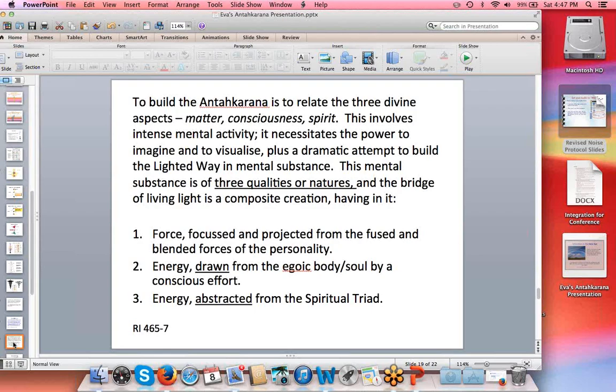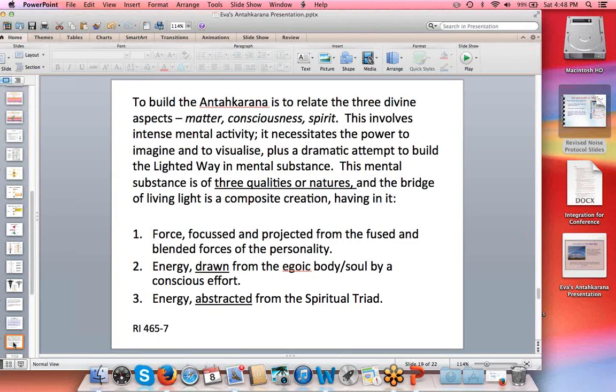And one of the ways that we build the Antahkarana is constantly through imagining it. We imagine this pathway moving from our consciousness to the next point, whatever that is, whether it's the soul or the lowest point of the spiritual triad. And we build it out of light.